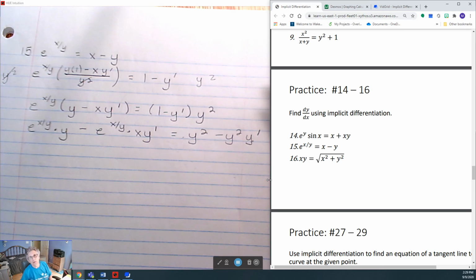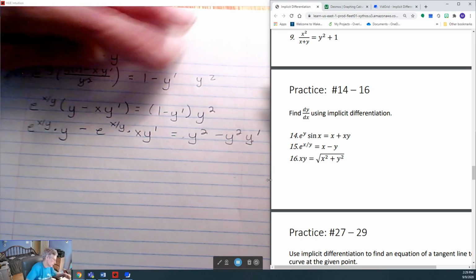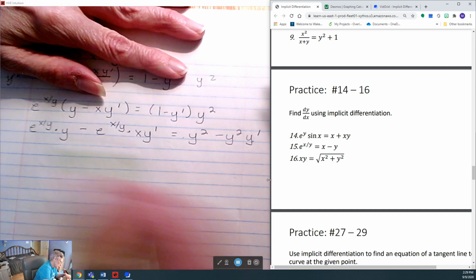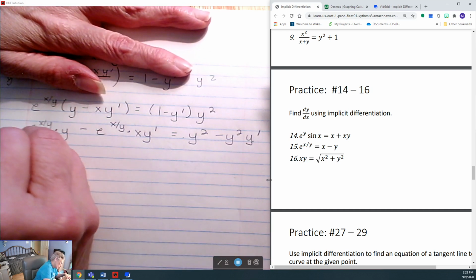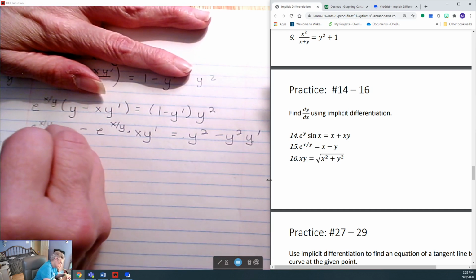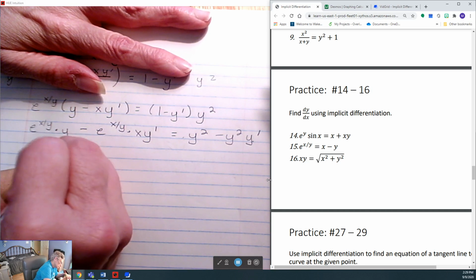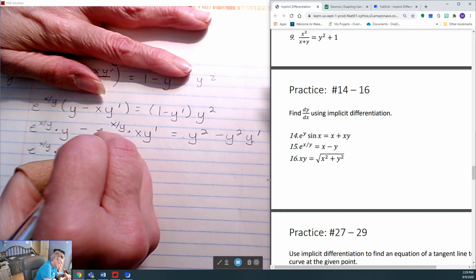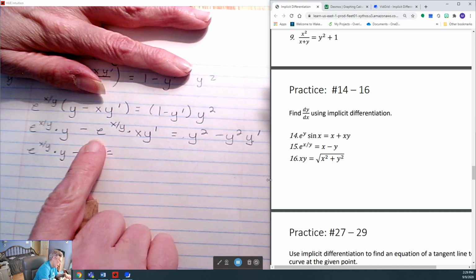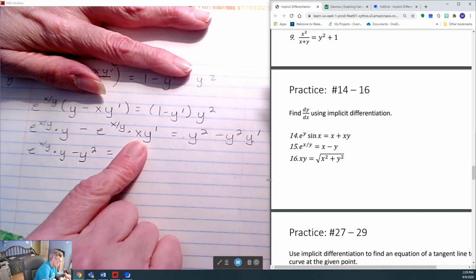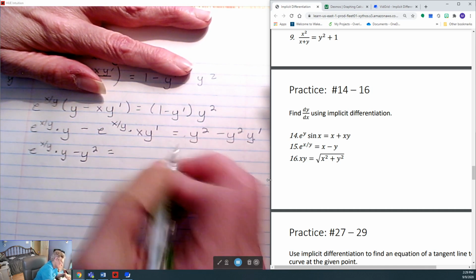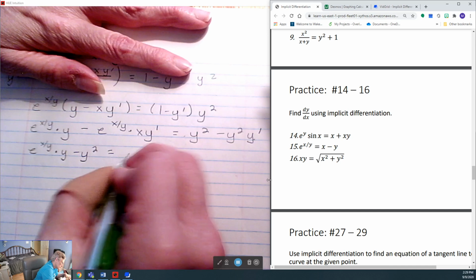Get all the y primes on one side, all the no primes in them on the other side. So I'm going to subtract y squared from each side. And I'm going to add e to the x over y times x times y primed to each side.